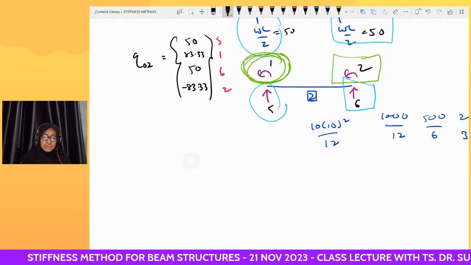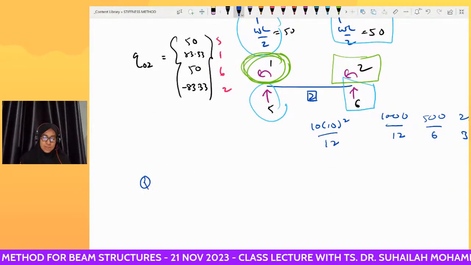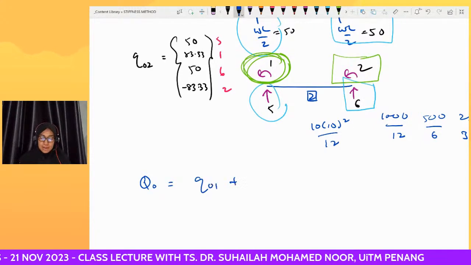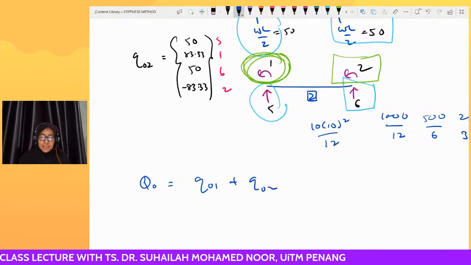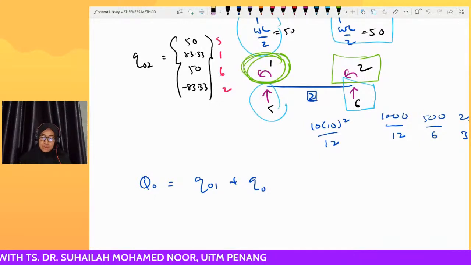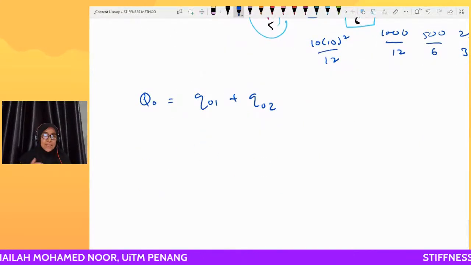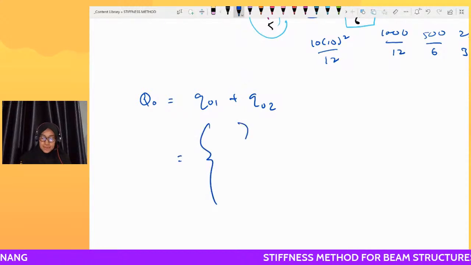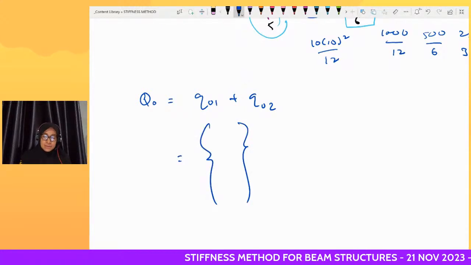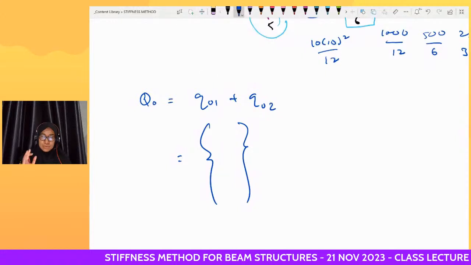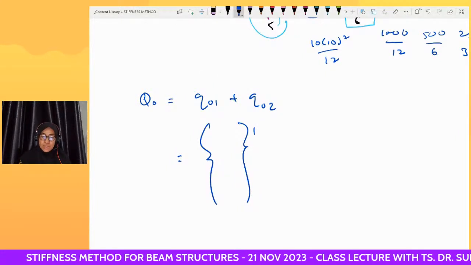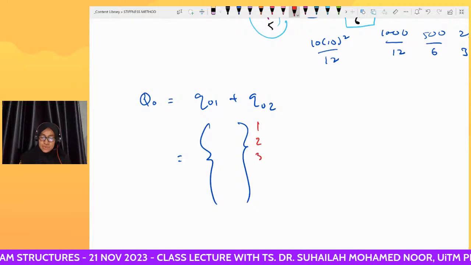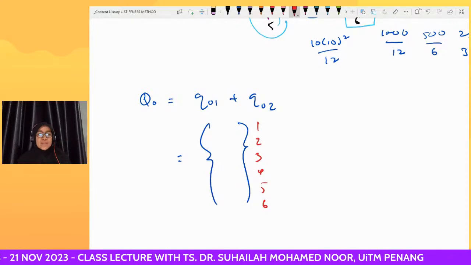So we have to combine: Q naught equals Q naught element 1 plus Q naught element 2. We produce six values, based on six positions: 1, 2, 3, 4, 5, 6.